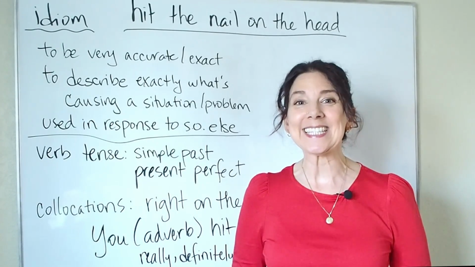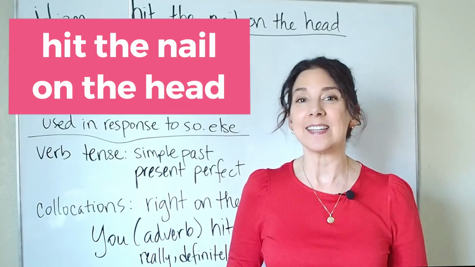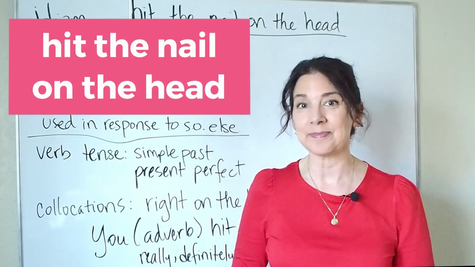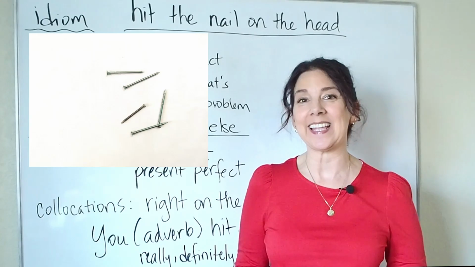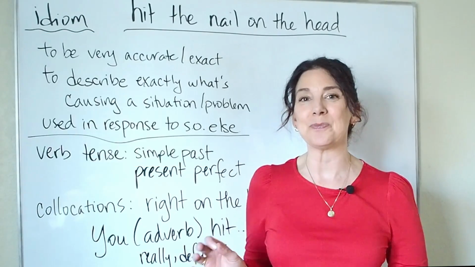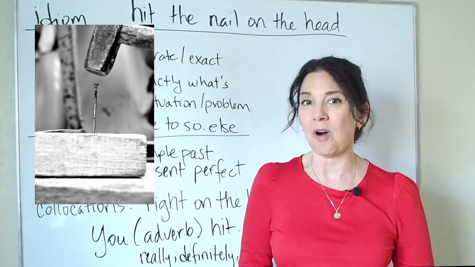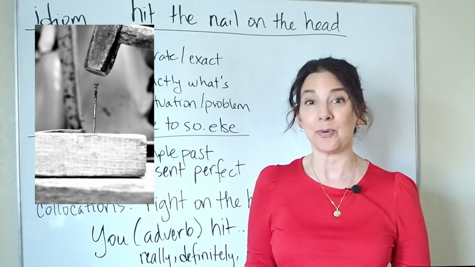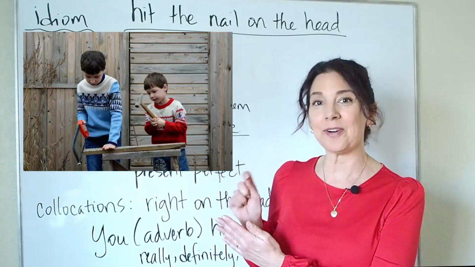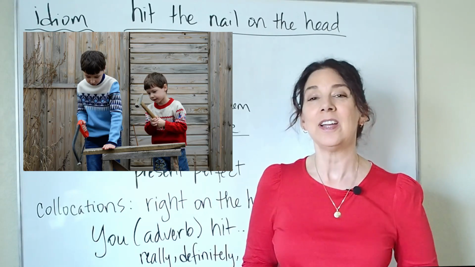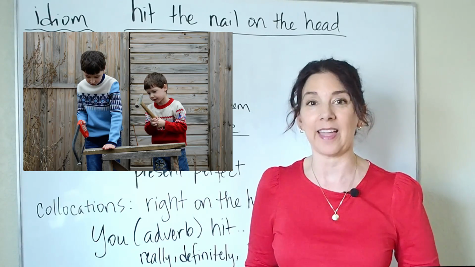So let's get into this lesson about the idiom hit the nail on the head. So you probably know what a nail is. A nail is a little thing that we use to put something into the wall, and the nail has a point and it has a head. Now, when you hammer the nail into the wall, you want to hammer the nail on the head.